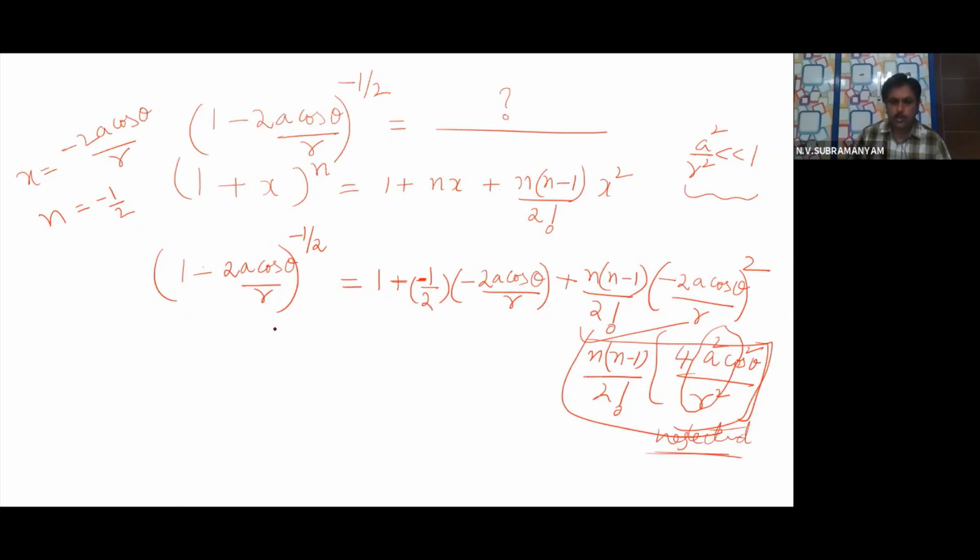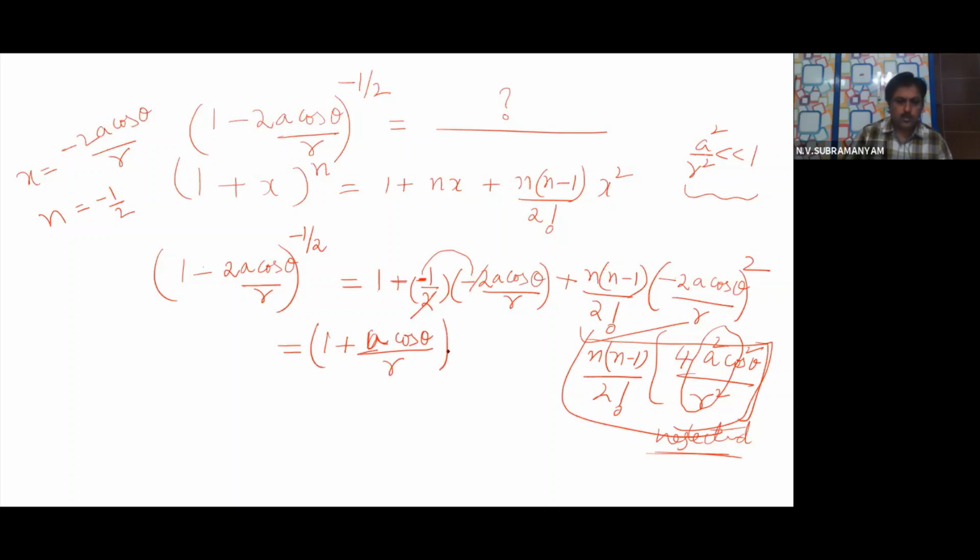Then what will remain? 1 into, this minus into minus will become plus, 1 plus, this 2 cancels, gone. What you will get? 1 plus a cos theta divided by r.